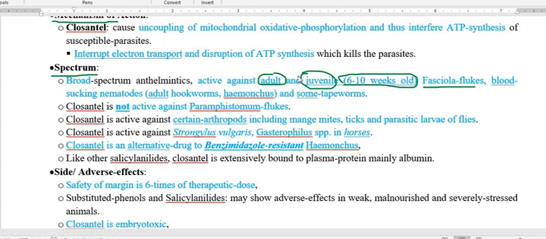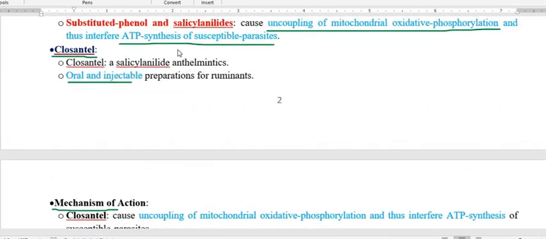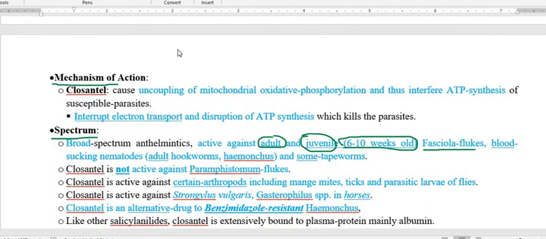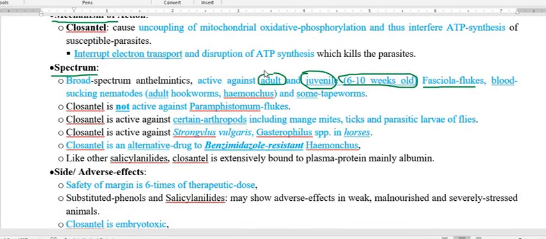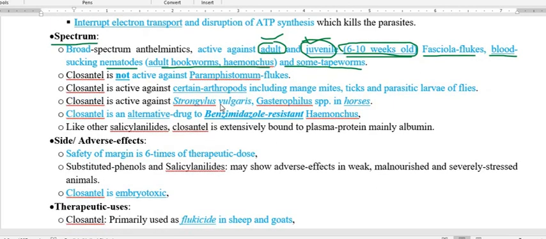Similarly, this is also the case for the drug rafoxanide. Rafoxanide as well as clorsulon are both acting against the adult as well as the juvenile fluke of 6 to 10 weeks old, and they are also acting against nematodes, particularly blood sucking nematodes like adult hookworms, Haemonchus, and also some tapeworms. Clorsulon is also showing activity against the fluke of the GI tract, Paramphistomum, and also against some arthropods.